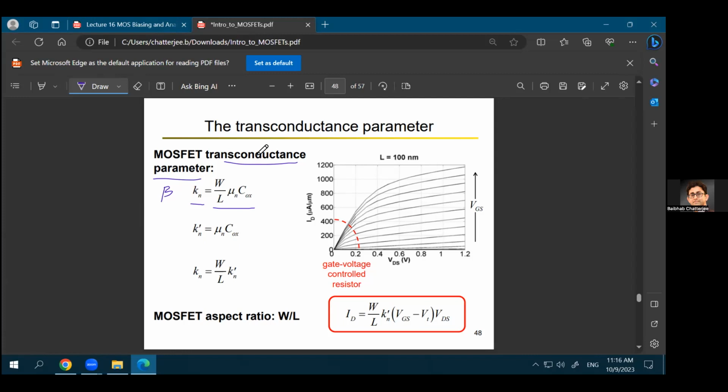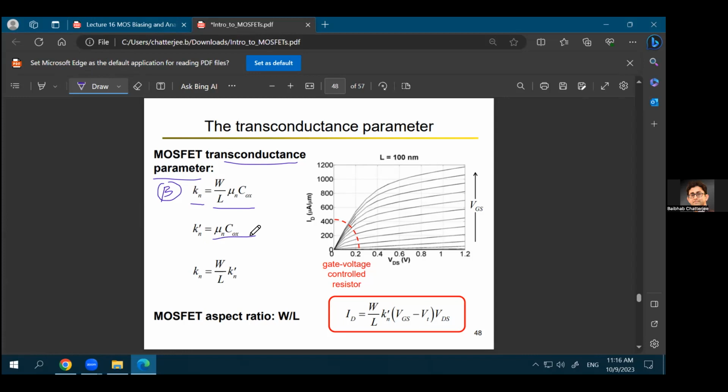So those two betas are different. This is not the feedback factor. This is just the transconductance parameter for the MOSFET. But so that we do not have any confusion, I am representing this transconductance parameter as K subscript N. In some books it is represented with beta, and beta in that case will not be the feedback factor, it will be the transconductance parameter.